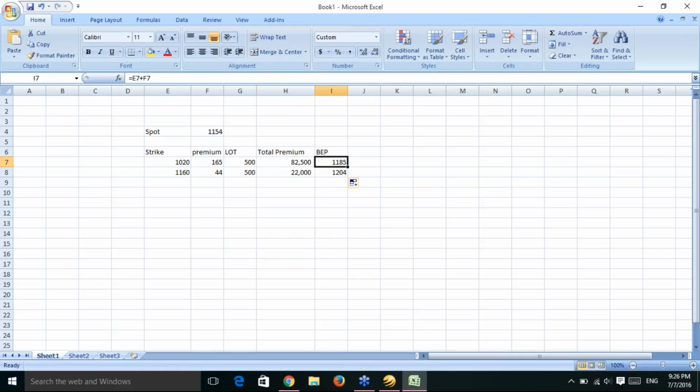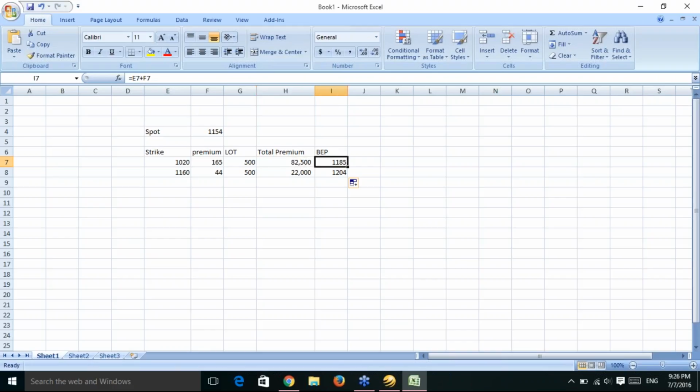1085. In that situation, on the date of expiry, your break even is not achieved. So below this, it's all your loss. So your 165 rupees premium will be gone. So this 500 into 165, that means 82,500 entire money will become zero.